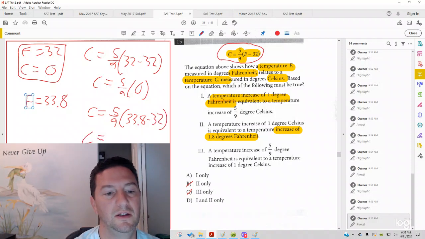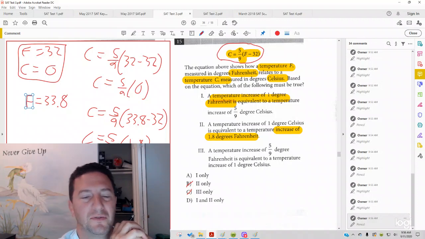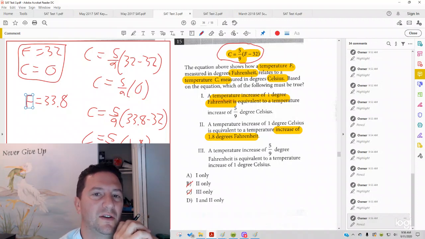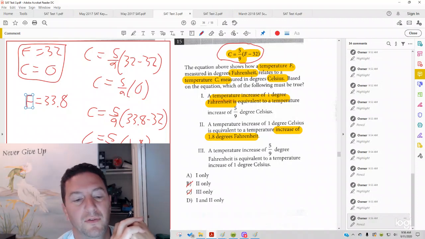And C equals 5/9 times 1.8 right there. And now you're mixing decimals and fractions, and you have to ask yourself, what's easier to work with, decimals or fractions? Well, I think that decimals are probably a little bit more difficult to work with.